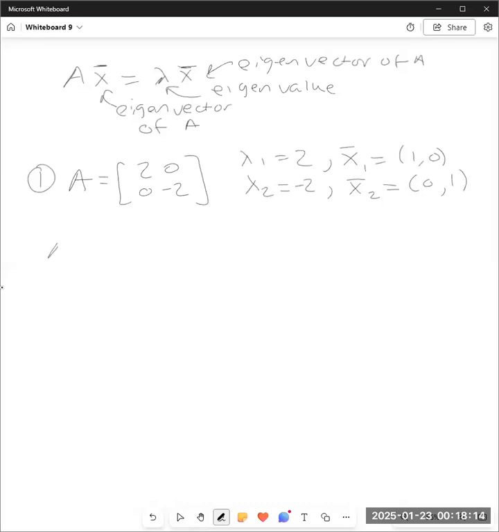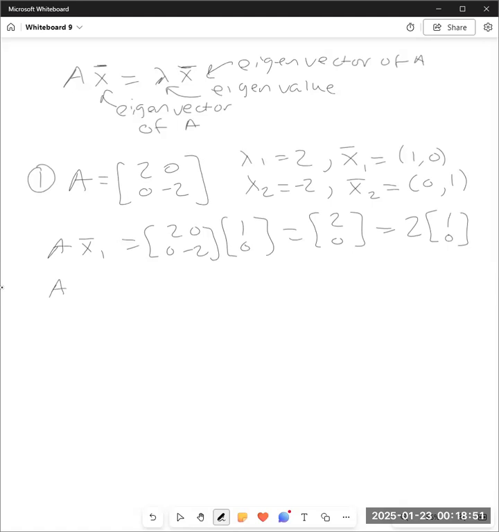Well, we can take A times x1, which is 2, 0, 0, -2 times 1, 0, and that's going to be 2 plus 0 is 2, and 0 plus 0 is 0, and I can pull out my 2, and that's 1, 0. So that proves to me that 2 is the eigenvalue and 1, 0 is the eigenvector here.